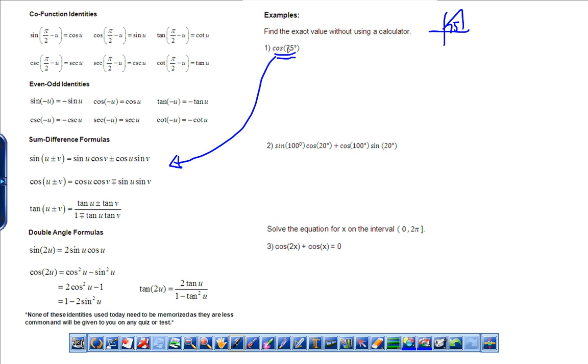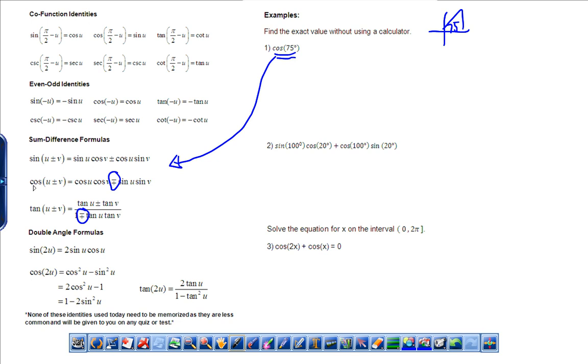So cosine of 75, first of all, I want you to notice this. This right here is different from what you have, so I want you to flip it. It is just a negative over a positive. And also this one right here on tangent, I want you to flip that one as well. Okay, so it looks like we're using the cosine formula.